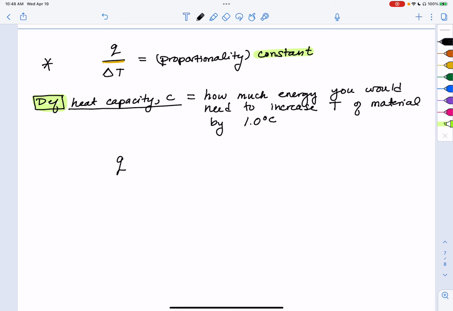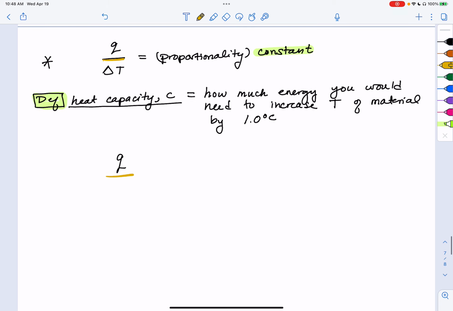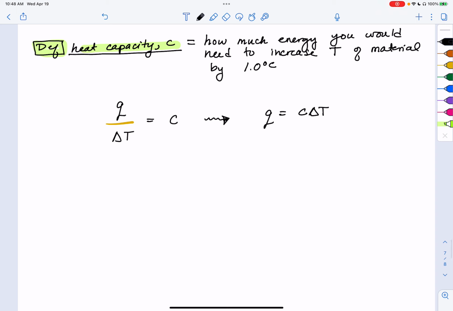I could say that Q over delta T is then equal to our heat capacity, C. Or if I rearrange, I would get that Q is equal to C delta T. Now, this is definitely a way to quantify heat.